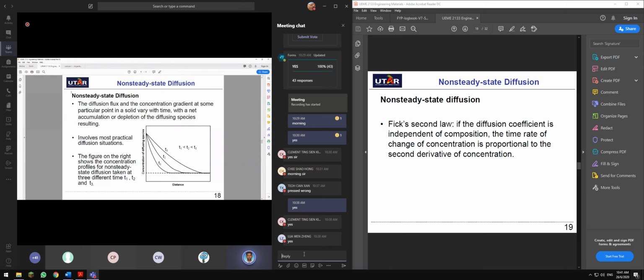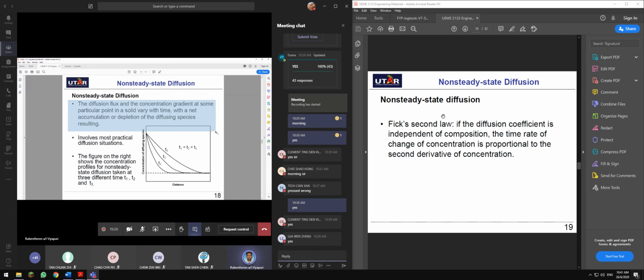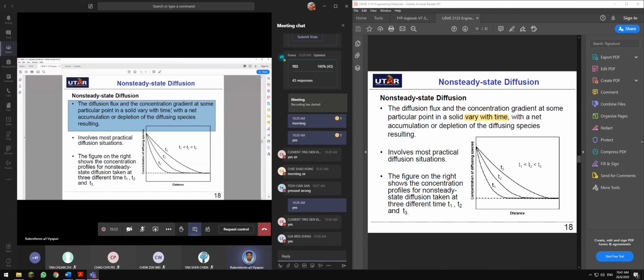All right, non-steady state diffusion, our lesson today. For non-steady state diffusion, the diffusion flux and the concentration gradient at some particular point in a solid vary with time. Highlight this: vary with time.